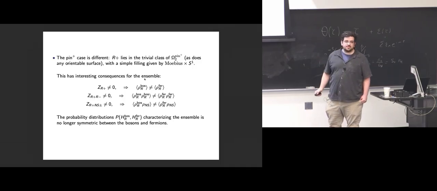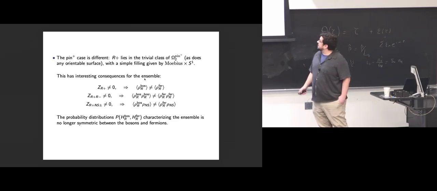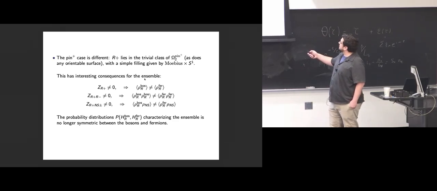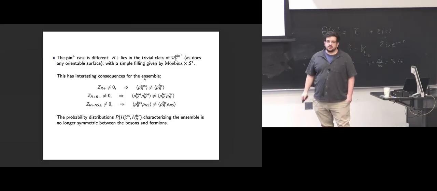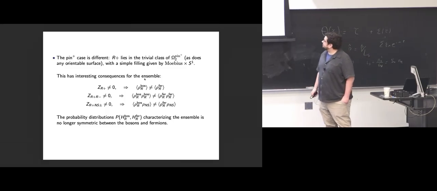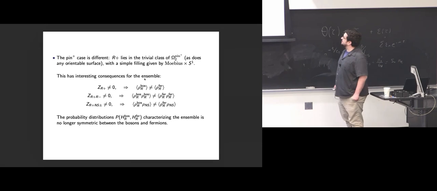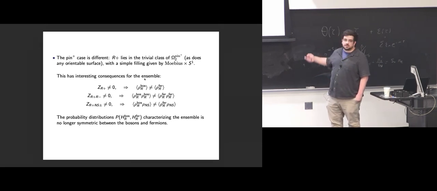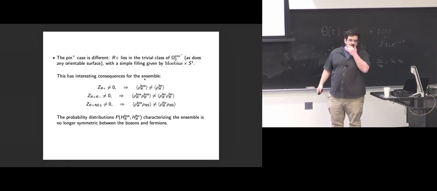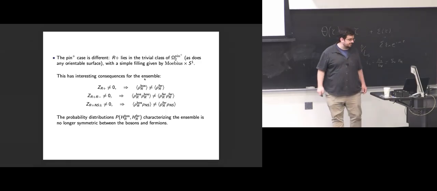One can check this by computing this invariant that tells you whether you are in a trivial class or not. And for example, a simple example in the R plus case is given by the Moebius strip times S1. So this has interesting consequences for the ensemble, because now the probability distribution for the bosonic and fermionic blocks are not symmetric anymore for the unorientable pin plus sums.